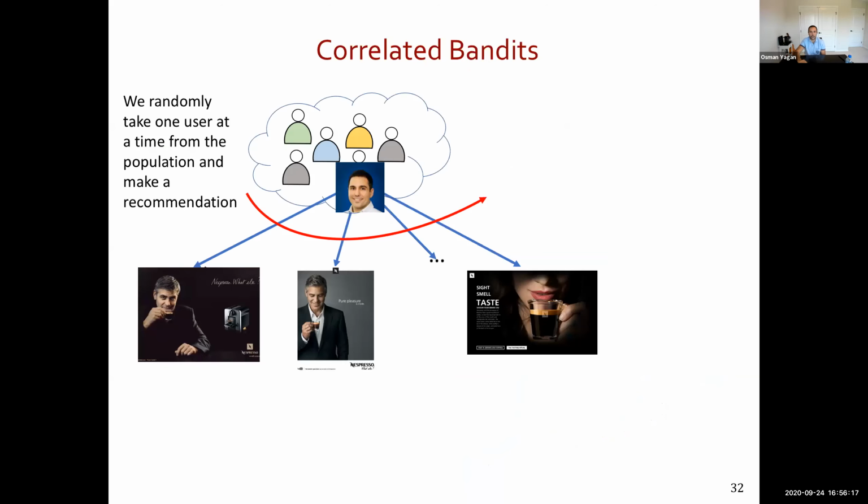So this is another way to show the same thing, and I specifically put my own picture to convince you that these rewards are actually correlated. The argument is that if this user is myself, and if you tell me that I clicked on this particular advertisement with George Clooney on it, you can at least say that I have a pretty good chance of clicking the next one as well, because it's by all intents and purposes looking very similar, right?